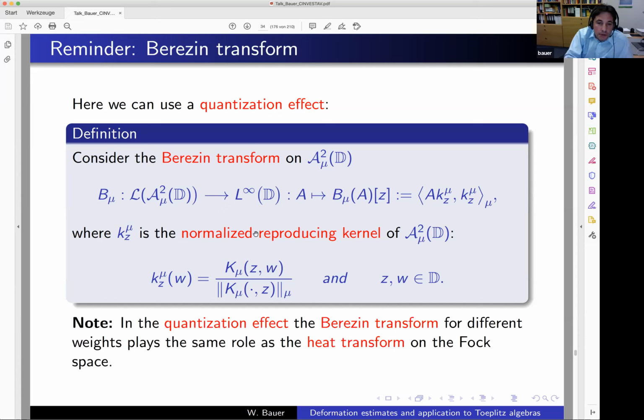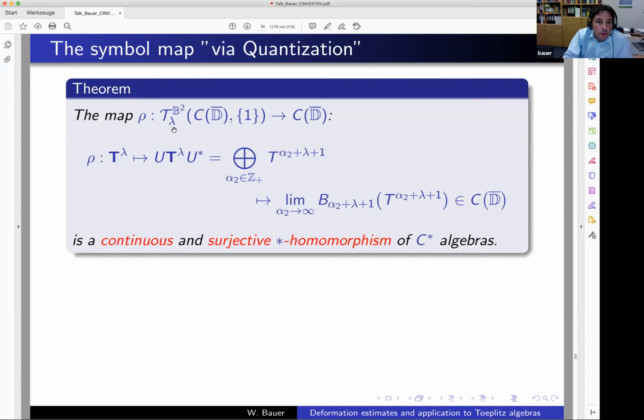And now the thing is that the quantization effect of the Gaussian transform for different weights in these weighted Bergman spaces allows you now to recover the symbol A. So what we do is the following.